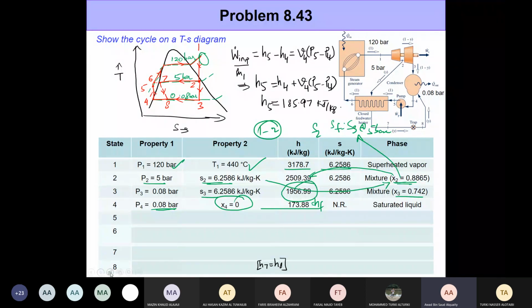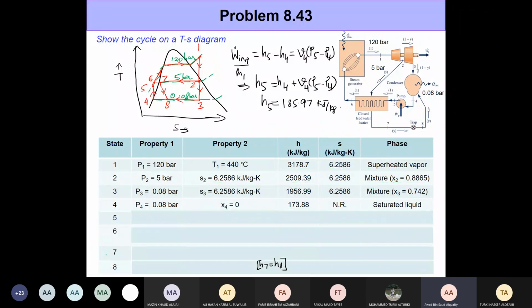Now the thing is, how do we get state 5? Well, the way to get state 5 is just like the way we have been doing till now, in part 1 as well. We make use of the reversible work input formula, which is simply specific volume times the pressure difference. Specific volume is something that we can calculate very easily because it's VF at condenser pressure, 0.08 bar here, and P5 and P4 are given in the question.